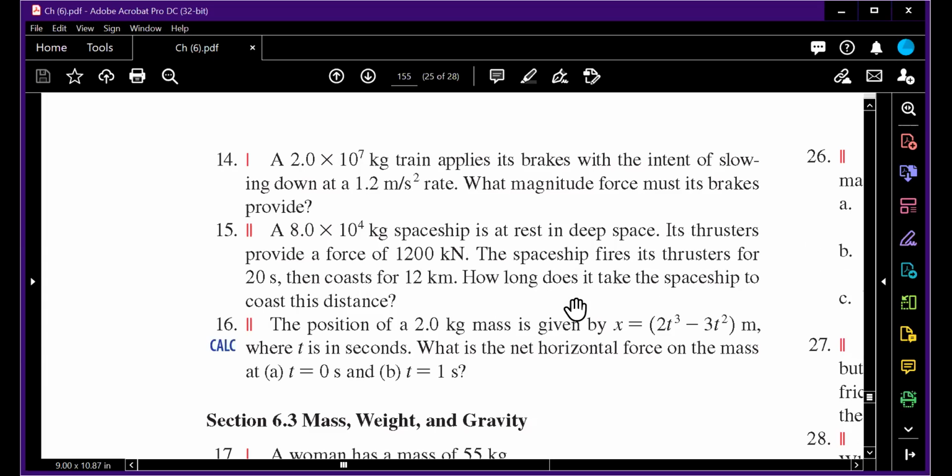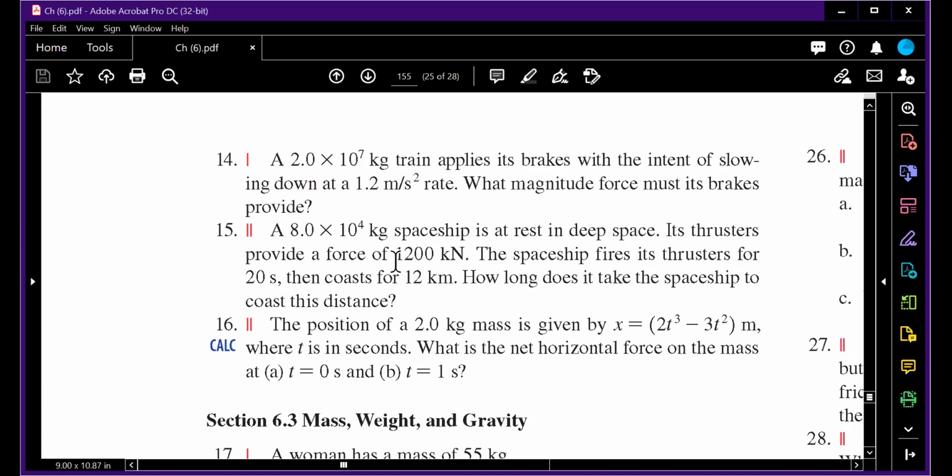How long does it take the spaceship to coast that distance? Okay, this one's actually not that bad.